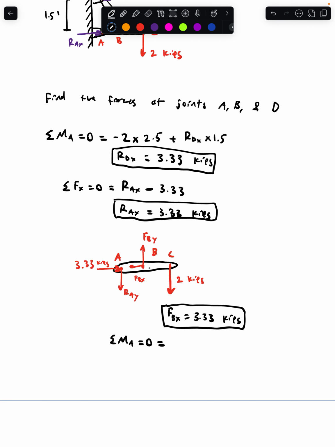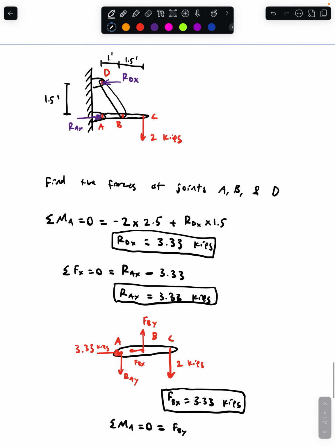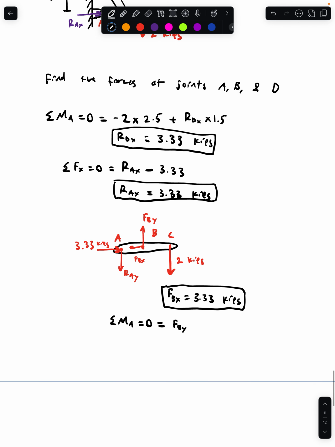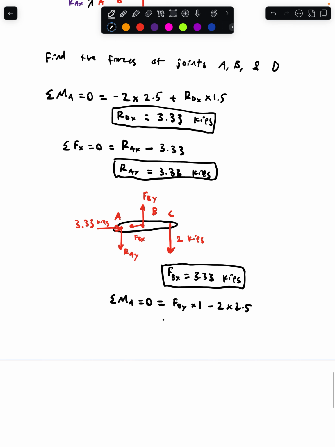So in the positive direction, we have FBy, and that is 1 foot over. Then in the clockwise direction, or negative direction, we have this 2, and that is 2.5 feet away. That's this load here. FBy is going to come out to be 5 kips.